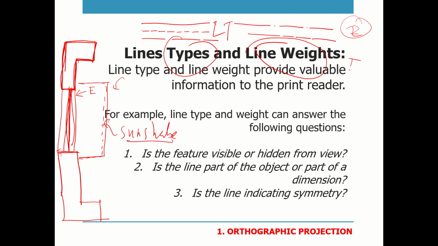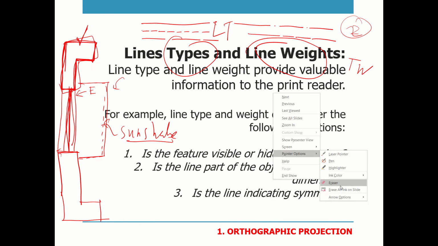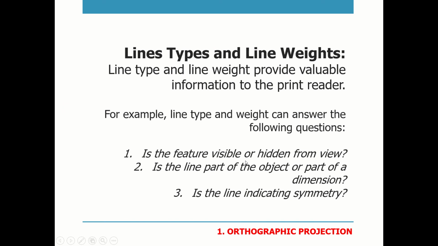Line weights also. Any part of the wall, any part of the drawing which is highlighted in dark means it is closer to the viewer. What do I mean by that? Suppose this is the drawing table, and I'm looking at it from here.